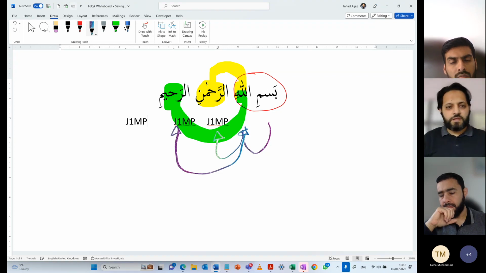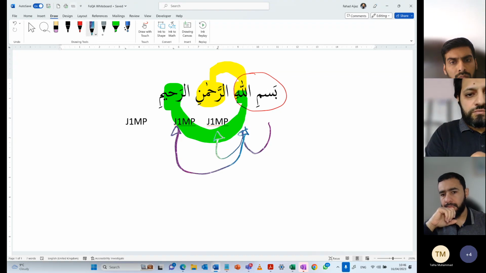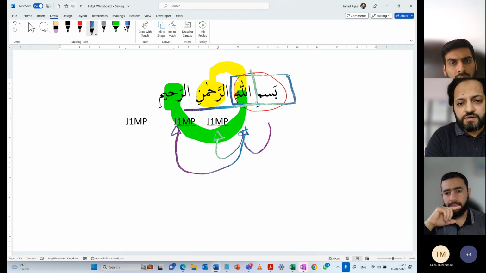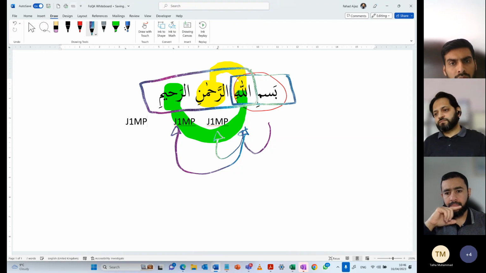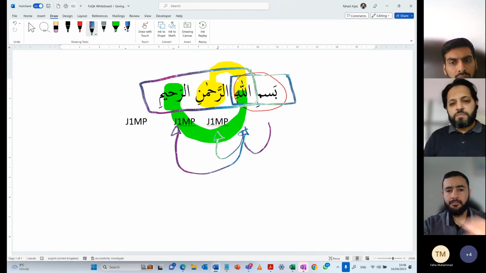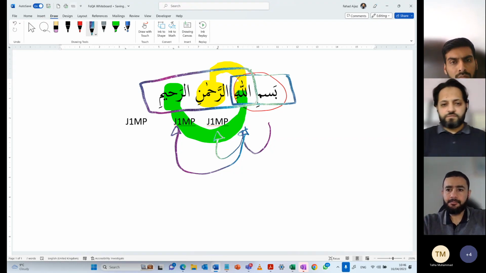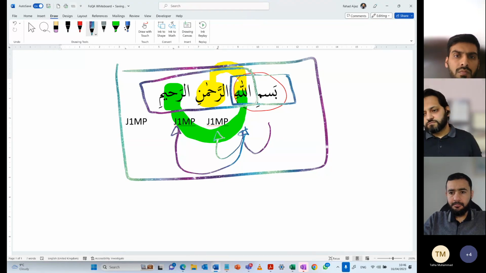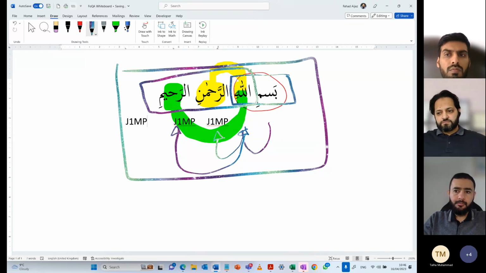Right? We also know this was one fragment, which is Idafah. We also know this is another fragment. This is Mawsoof Sifah. Right? Because everything is fragment, this entire thing is one fragment. One big, large fragment.